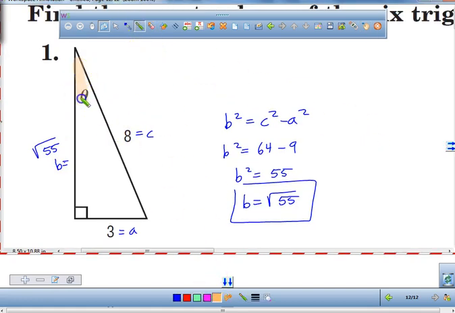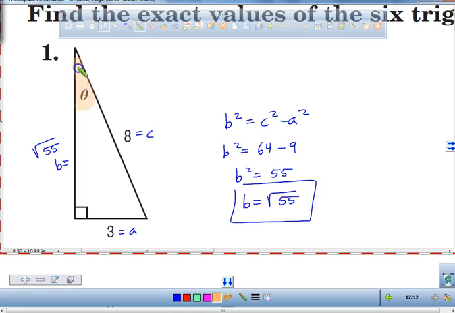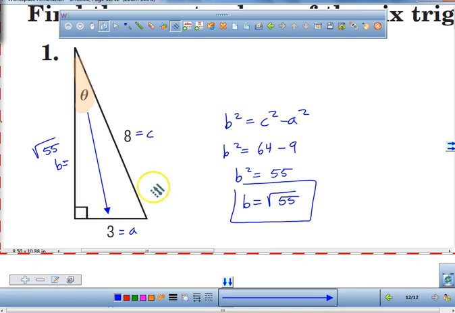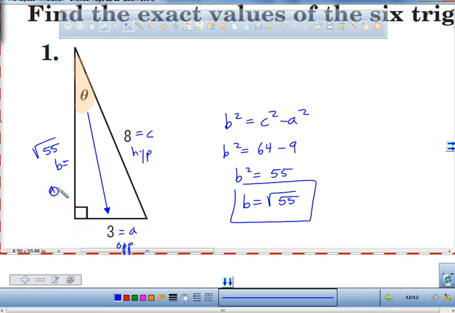We're going from this angle right here. Remember, this is our opposite side, this is our adjacent side, and this is our hypotenuse. Okay. So let's do the 6 trig ratios. You should have them in your journal.